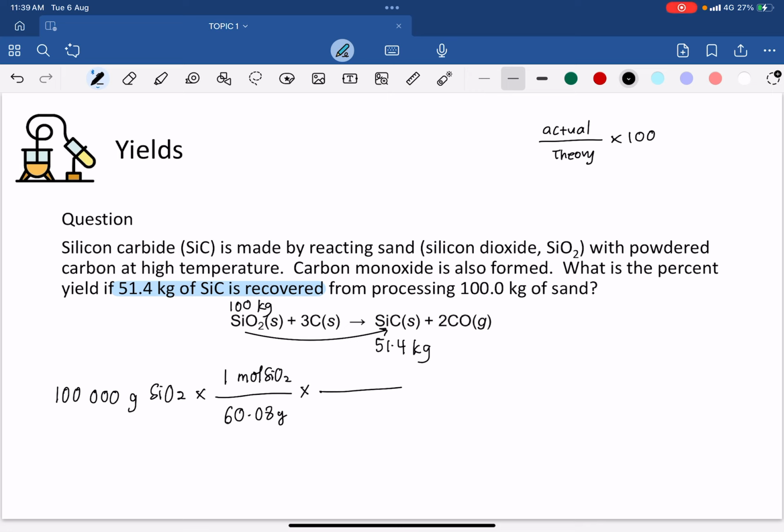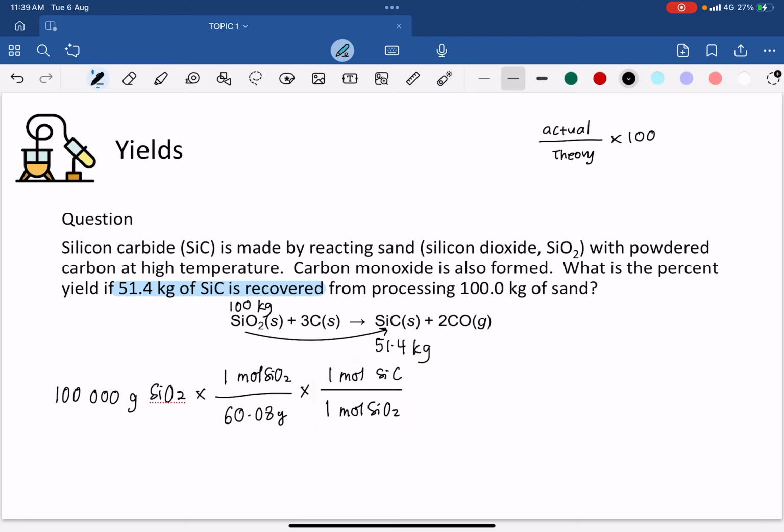Okay, and then when we get the mole, we want to do the mole ratio. 1 mole of silica dioxide is equivalent to 1 mole of silica carbide. Up until this point, we actually know already the mole of silica carbide.